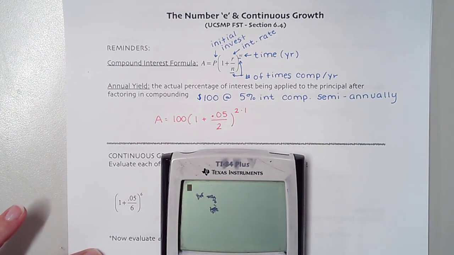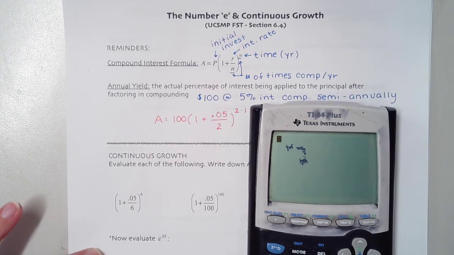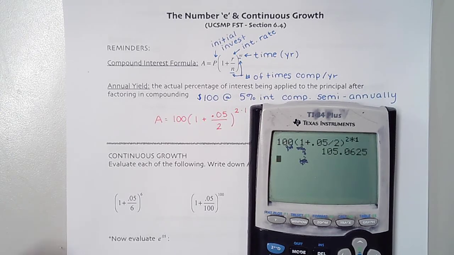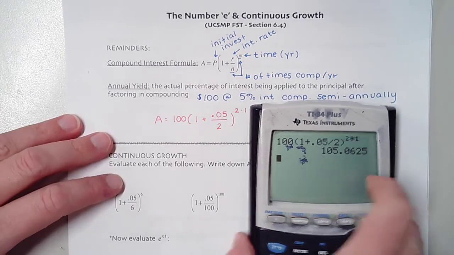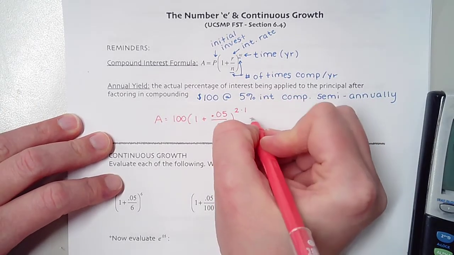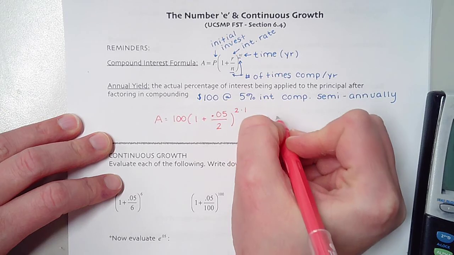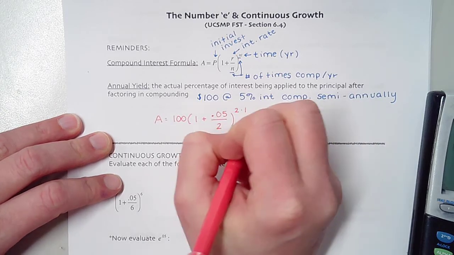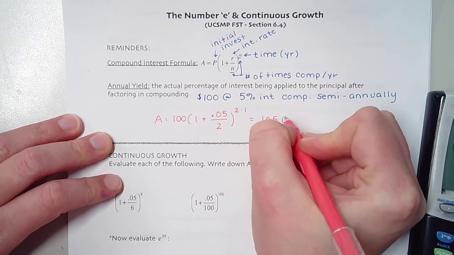So in my calculator, I'm going to type that in exactly how it's written. 100, parentheses, 1 plus 0.05 divided by 2, and then to the power of 2 times 1. Enter. And I actually end up with 105.0625.